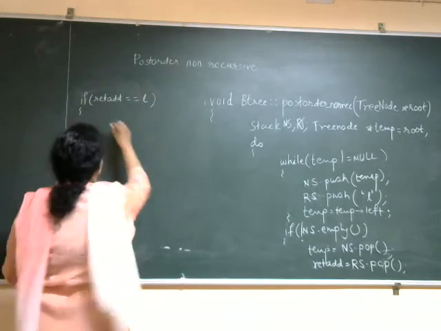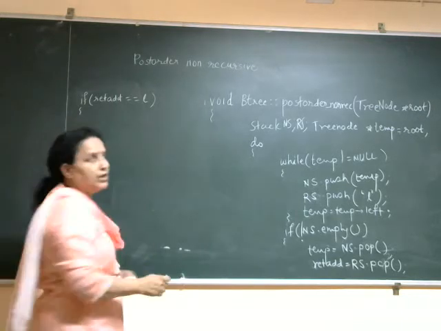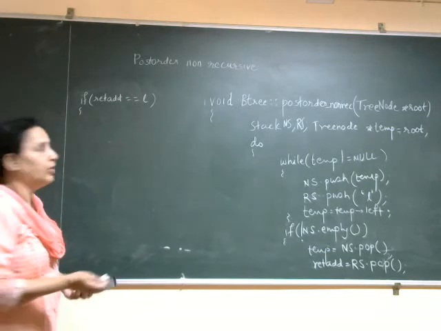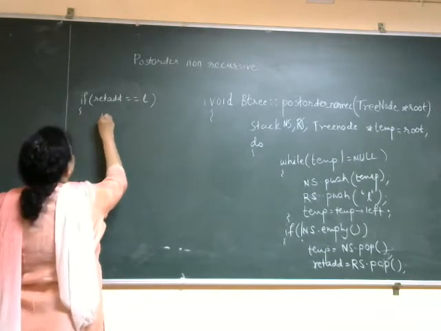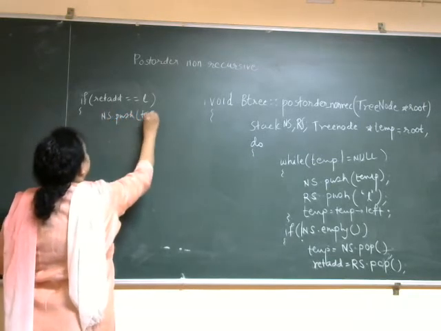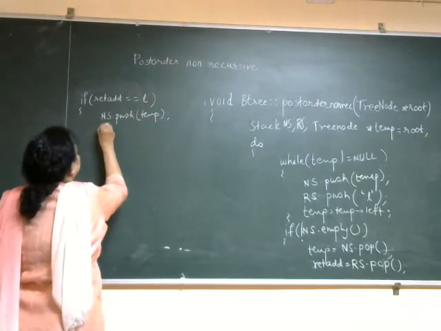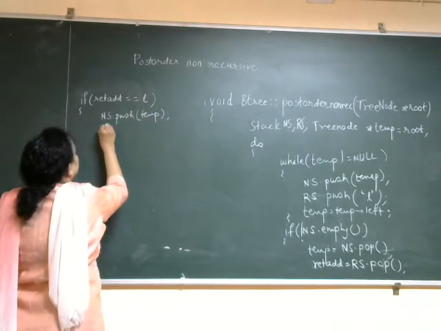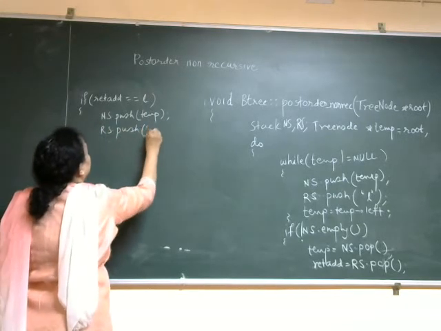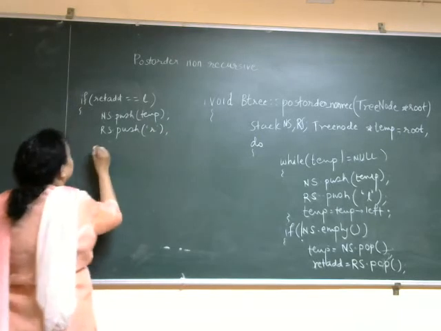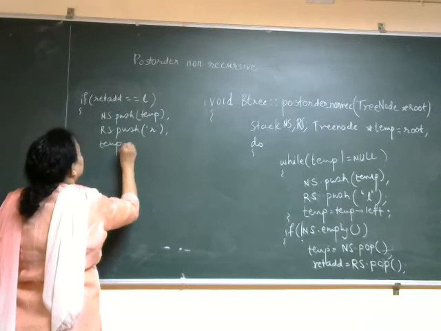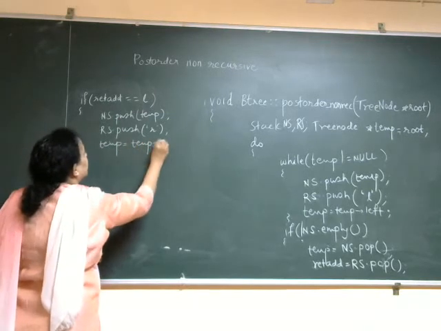So I should push that previous value inside stack, and then I should go to right. So what I should say? NS dot push temp. Then return address will be now R. So RS dot push R. And then I should go to temp is equal to temp pointer right.